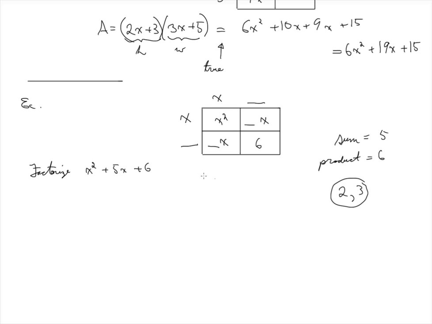So this is equal to x plus blank times x plus blank, and we know what those two numbers are: 2 and 3. So x plus 2 times x plus 3.